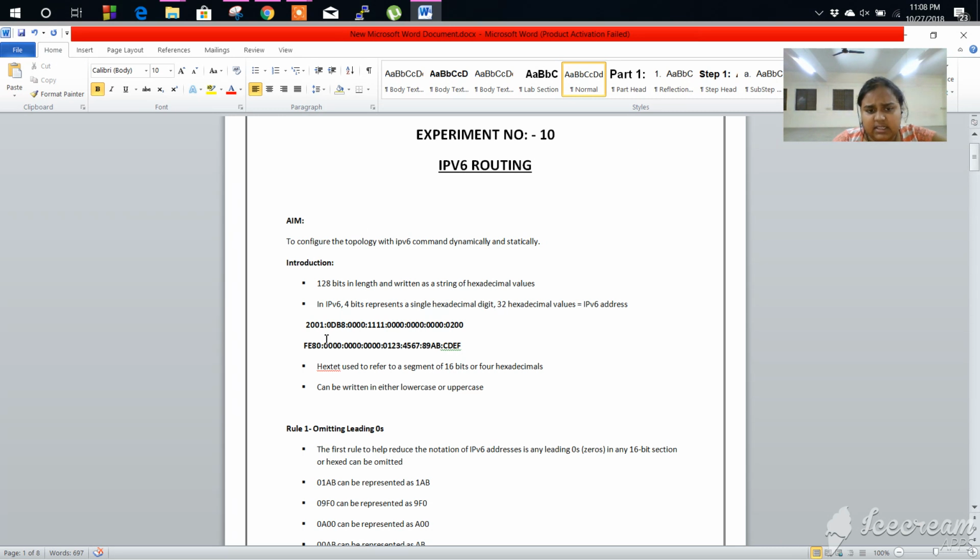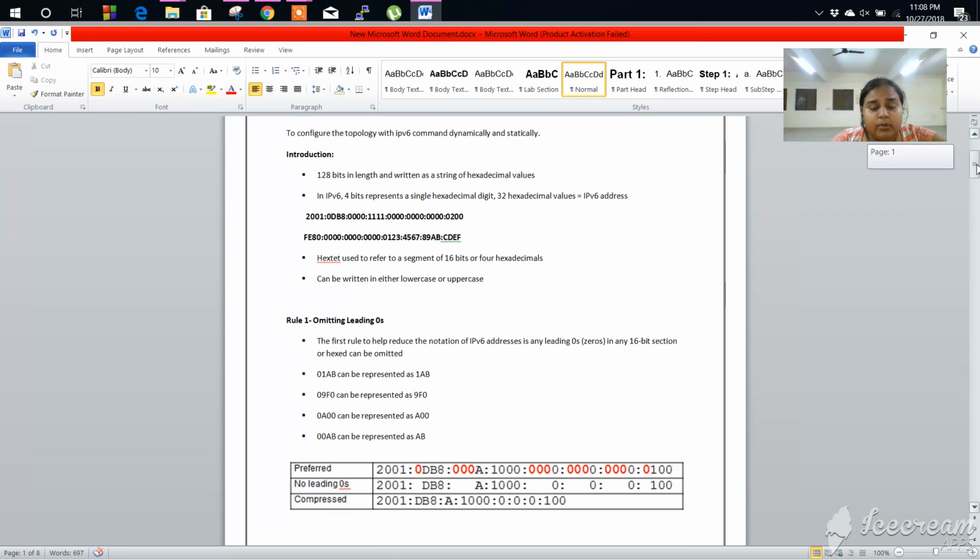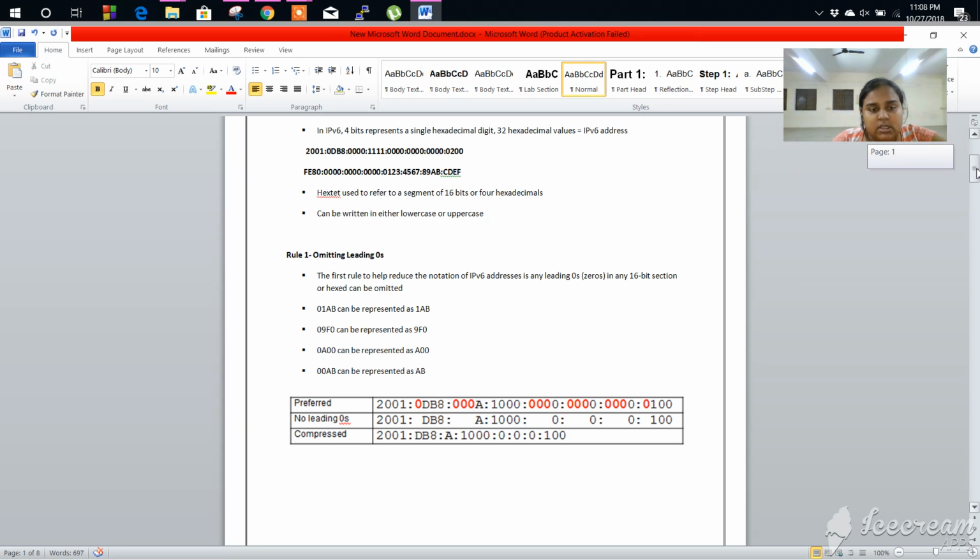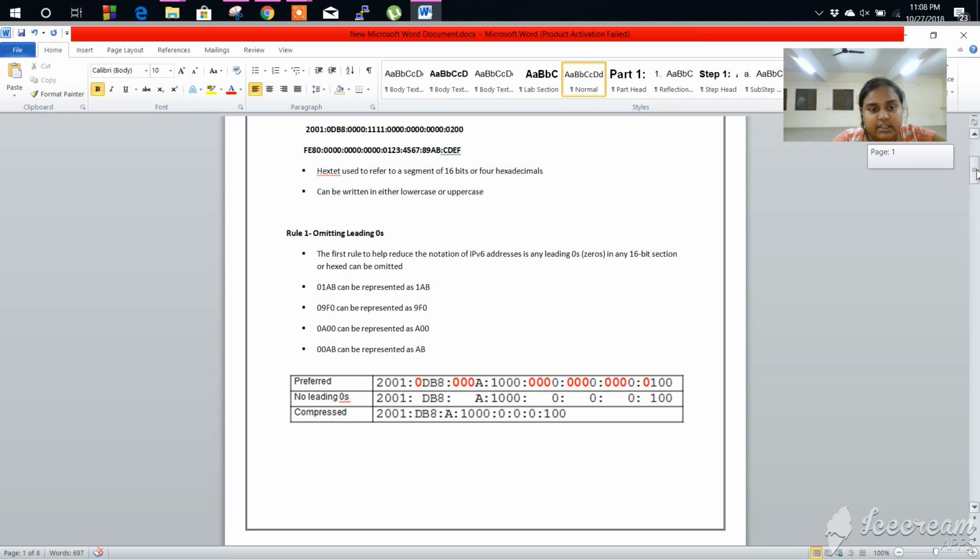The example we can see here is 2001:0DB8:0000:1111:4040:4040:4002:00, and there are some rules which have to be followed during IPv6 configuration.